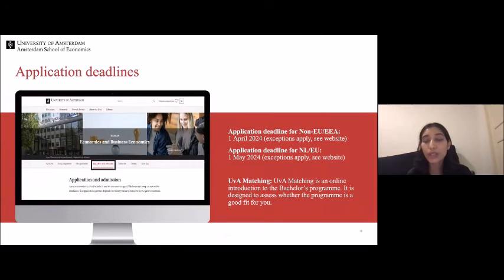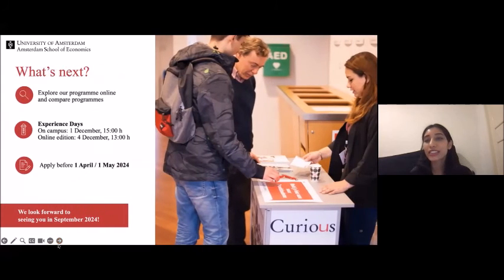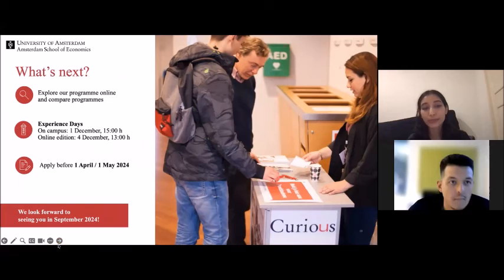And there's also UvA Matching that I wanted to talk about, which is an online introduction to the bachelor's program that's just described. This particular structure is designed to assess whether the program is a good fit for the students. You can find out more information about this on our website. All right, so I think I will hand over the word to Danny now.